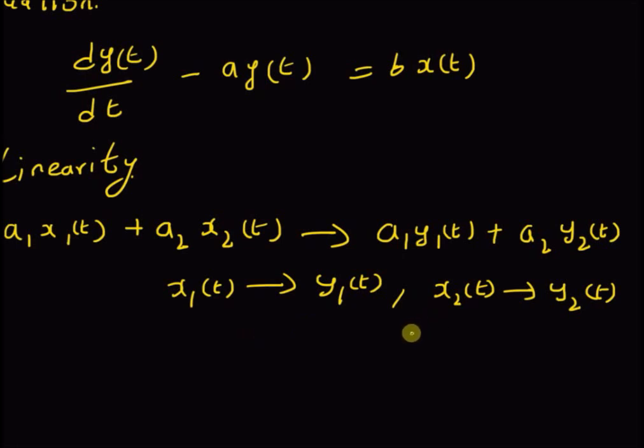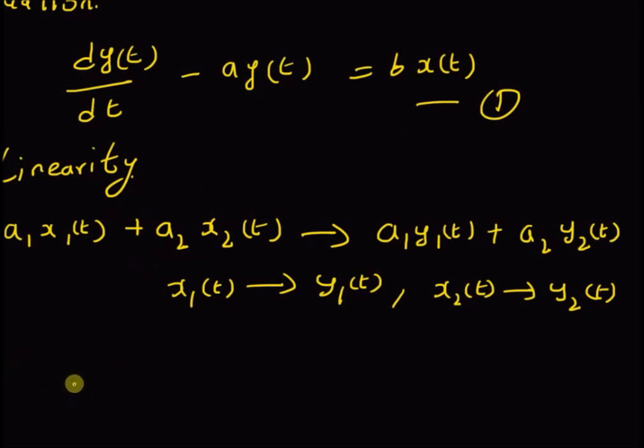And then for a linear combination of these inputs, x1 of t and x2 of t, defined as a1 times x1 of t plus a2 times x2 of t, the output is a linear combination of the corresponding outputs, that is a1 times y1 of t plus a2 times y2 of t. So for our difference equation, equation 1, we have to verify this property.